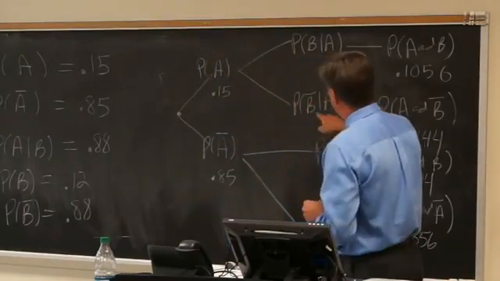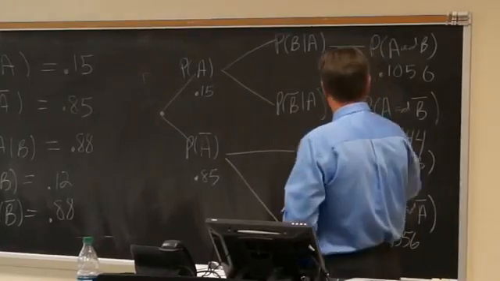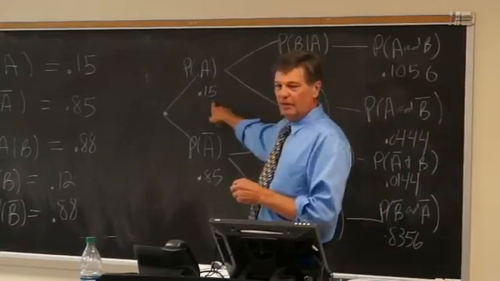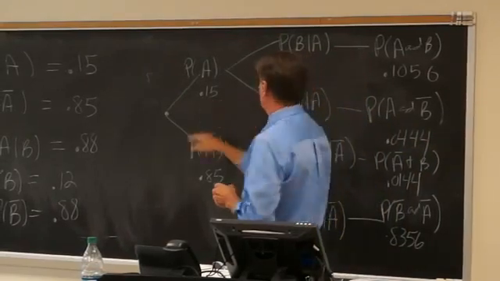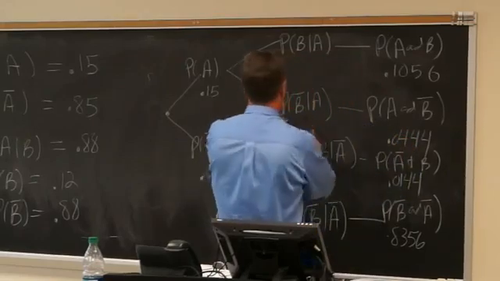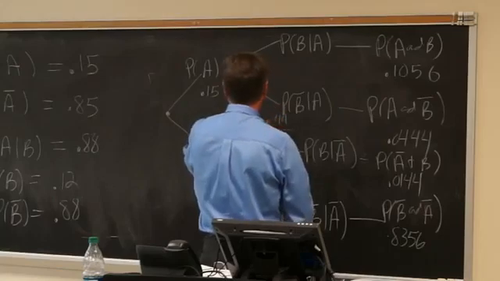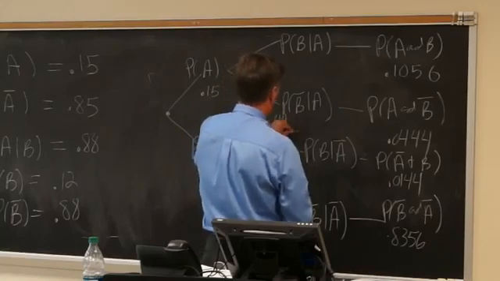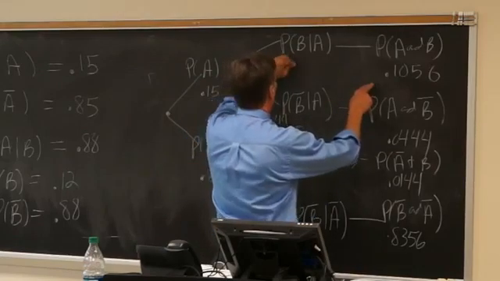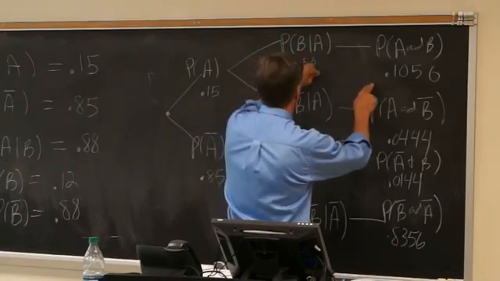So how would I use this to fill in this probability in my tree? Yeah, it would be the joint divided by the marginal, 0.1056 over 0.15. So this probability is equal to 0.1056 over 0.15. Does someone have a calculator?